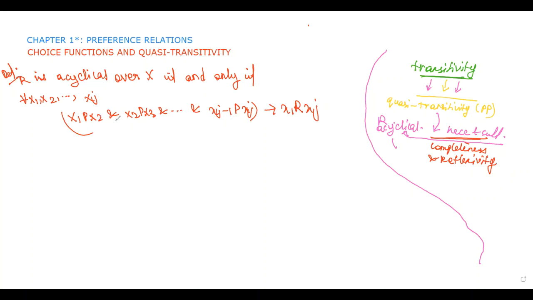Because notice here, this is true for all j, obviously. We have P, right? Now x1 P x2 and x2 P x3 and x3 P x4. So it's not these two that are leading to x3 P x4. That is something we are assuming. So we don't have PP transitivity.